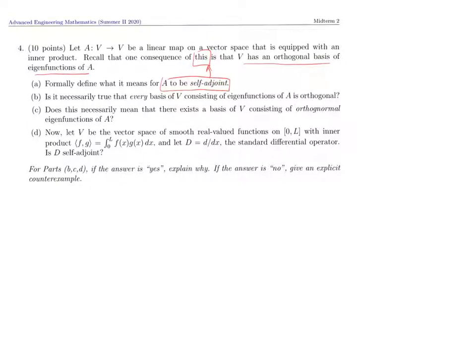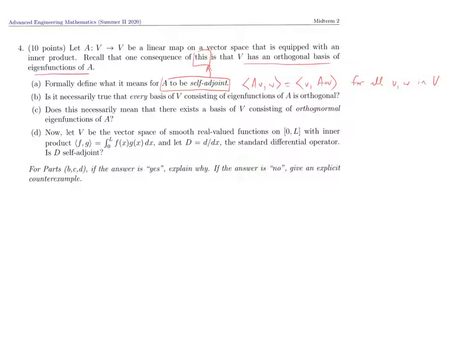So part A, what does that mean? That means the inner product of Av and w equals the inner product of v and Aw for all v and w in V. I understand that it's not necessarily clear whether I'm assuming that A is self-adjoint in B, C, and D. I had intended that, but I will be generous in grading this based on your assumption.